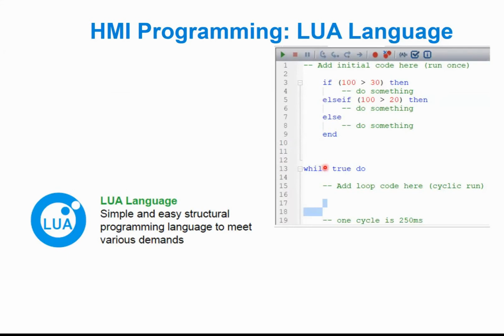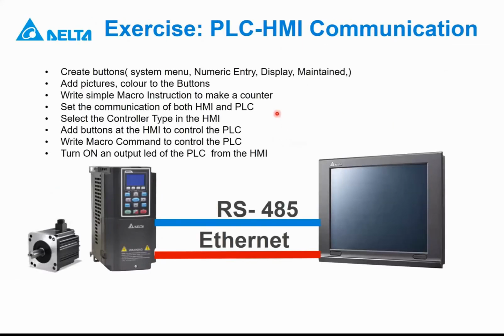Now we are going to do some basic exercises. I'll take you through our software, and if you have a question, after this programming section we'll handle a question and answer section. Like we discussed earlier, you can program the HMI with different communication protocols, Ethernet and RS485.